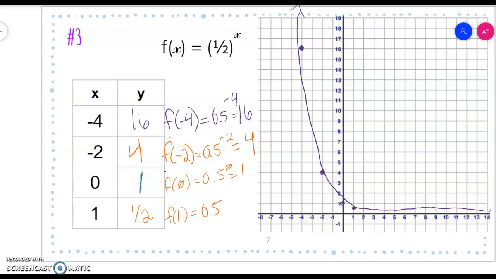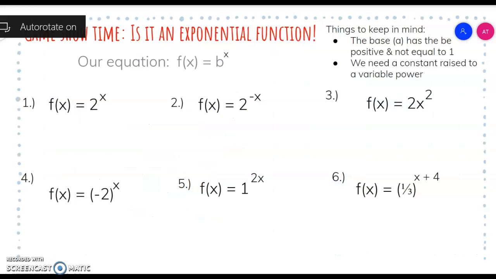So, let's move on to the last example. Welcome to the game show of Is it an exponential function or not? Here's a couple things to keep in mind. The base, b, has to be positive. 100% has to be. I can't have a negative base.